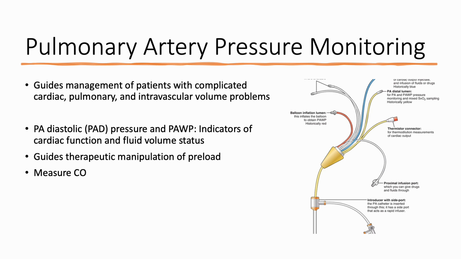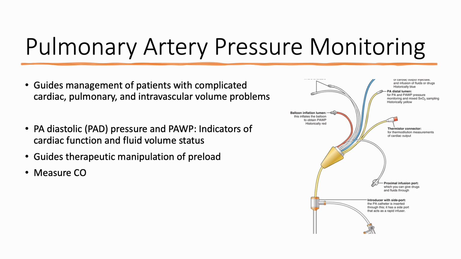So, again, pulmonary artery pressure monitoring guides management of patients with complex cardiac, pulmonary, and intravascular volume problems, providing critical data for decision making. Your PA diastolic pressure, or PAD, and PA wedge pressure, PAWP, are indicators of cardiac function and fluid volume status.